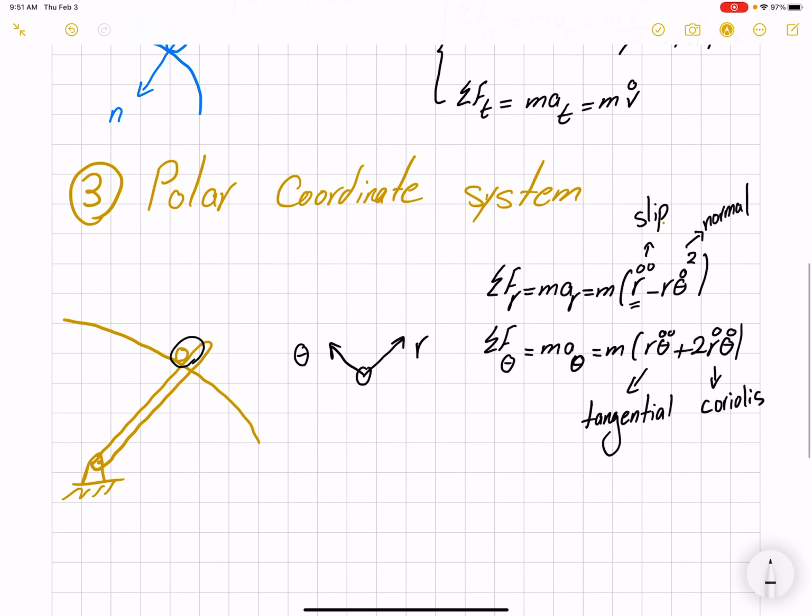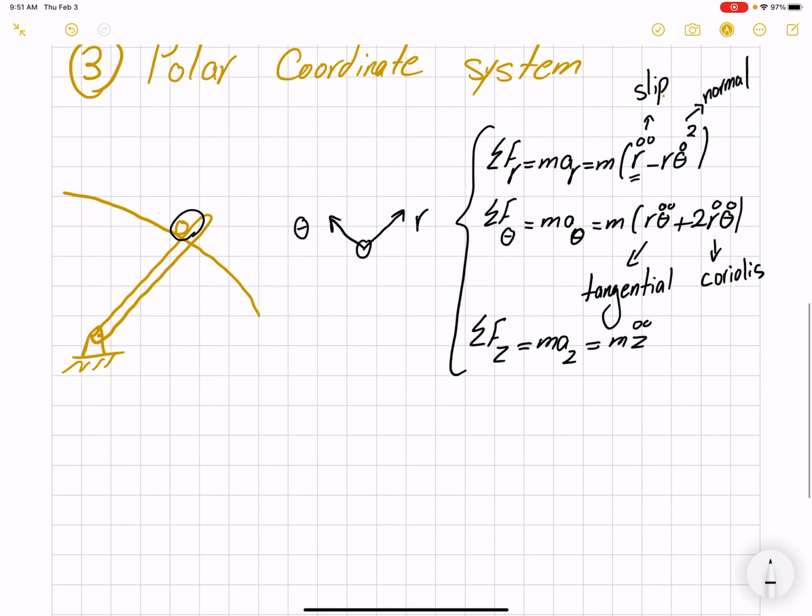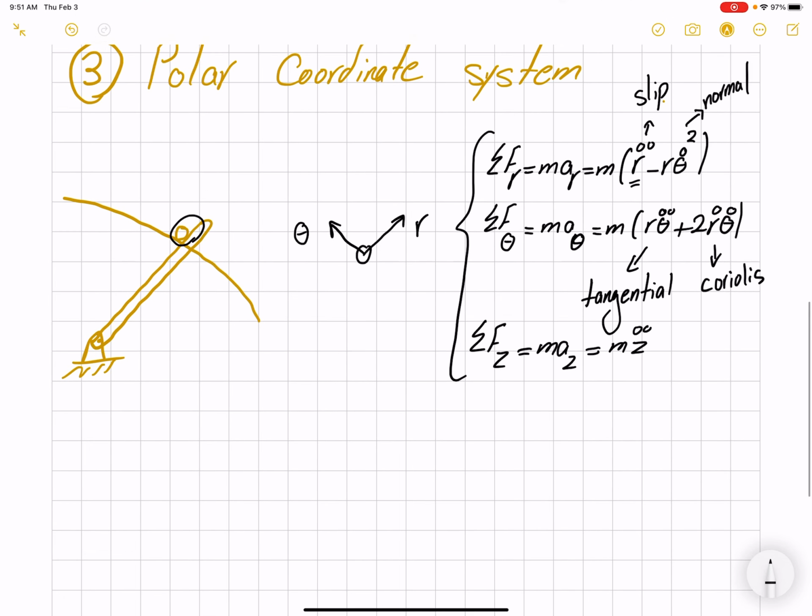And in this polar coordinate system, if we are in 3D, in addition to r and theta, we can have the z direction as well, which would be m a_z or m z double dot. But one thing that you need to pay attention to is that for some problems we can use either polar coordinate system or tangential and normal.